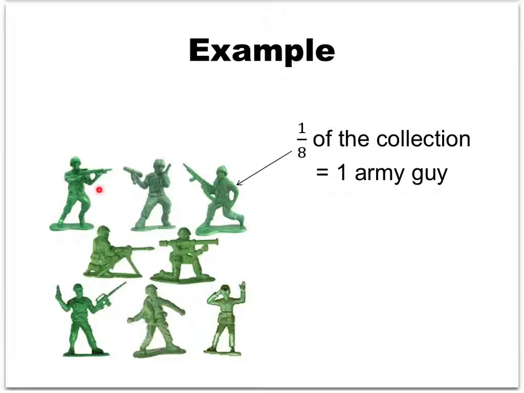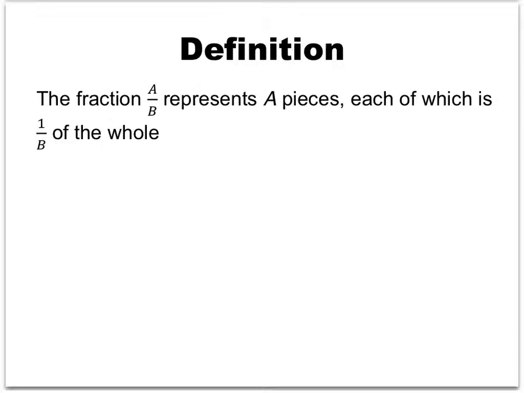Some of these guys are standing up, some of them are kneeling. So they're not identical, but they are equal in the sense that they're all army guys. So 1/8 means that we're going to divide our collection up into 8 equal pieces. And then each one of those pieces is 1/8 of the collection. So in this case, 1/8 of the collection is one army guy. So there's a unit fraction.